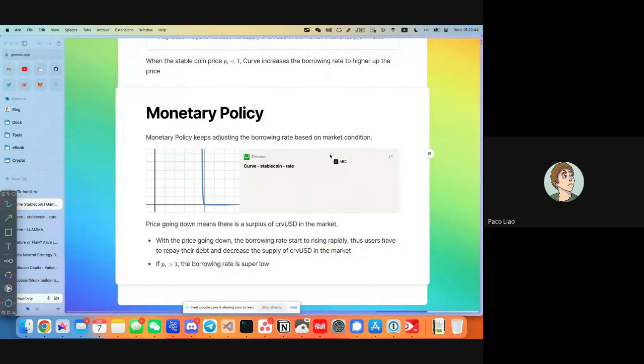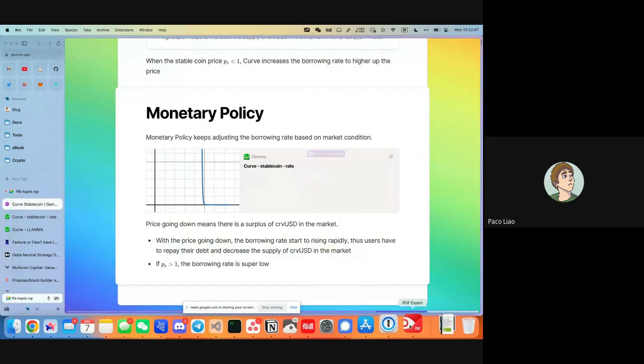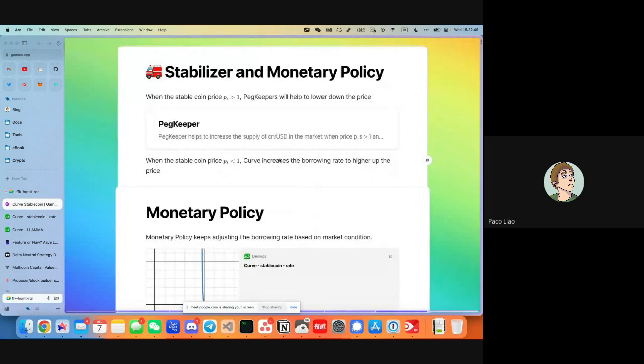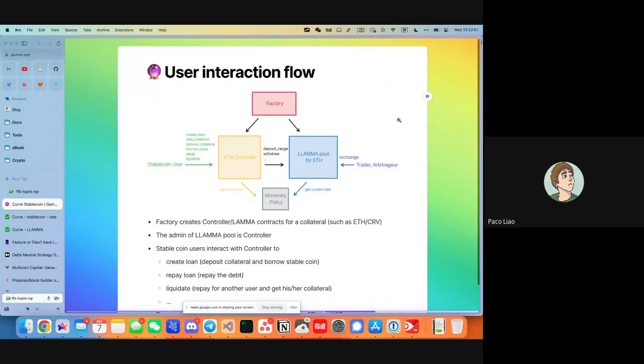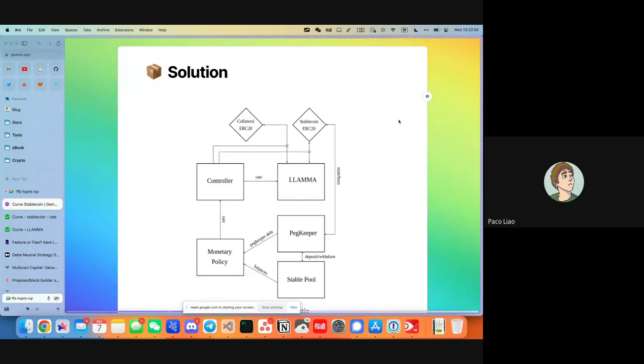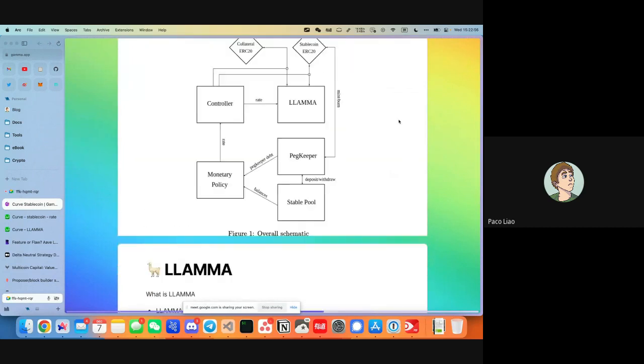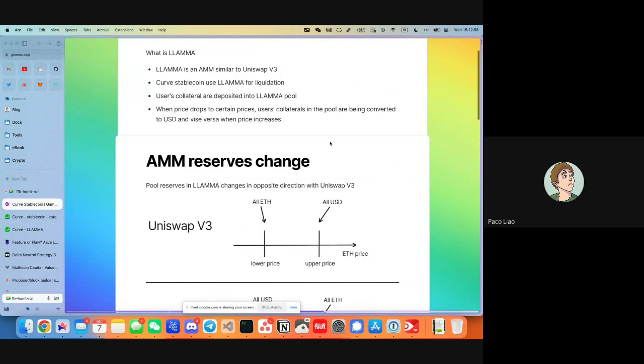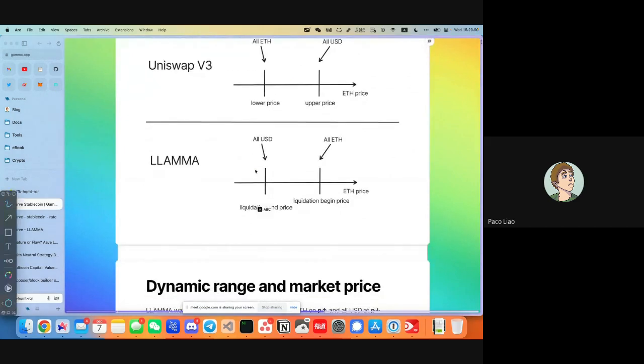Okay, and another detail is that the borrowing rate also will affect the P down and P up, because as I said, the P down is the liquidation price. So at the P down, all your ETH will be converted to USD. And as we mentioned, there's a borrowing rate that everyone's debt will increase at.